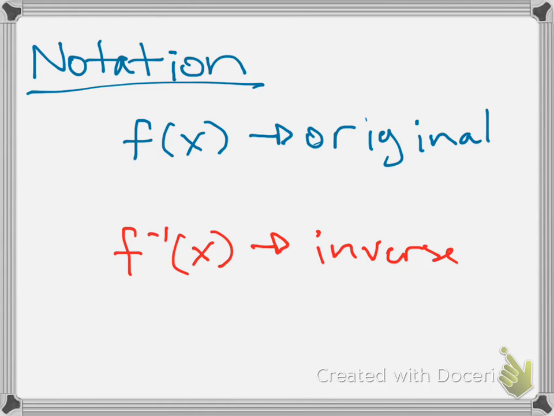You do need to be cautious. It looks like this -1 is supposed to be an exponent. It is a superscript, but it doesn't mean that we're necessarily raising our function to the -1 power. It means that we are taking the inverse of our original function, and again, based on that definition we just talked about, that simply means that we are switching our x values with our y values.